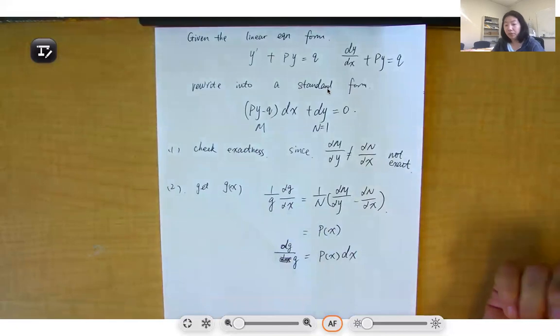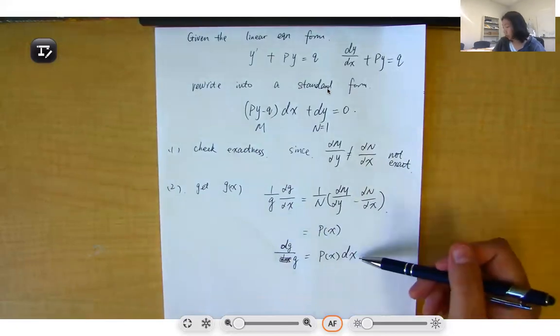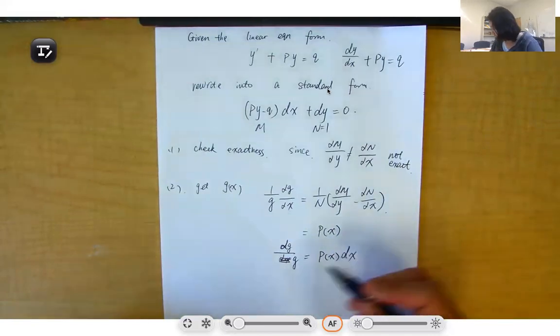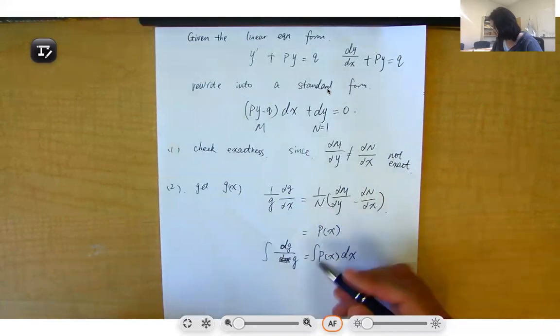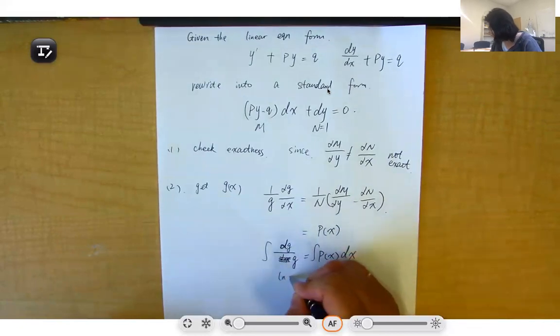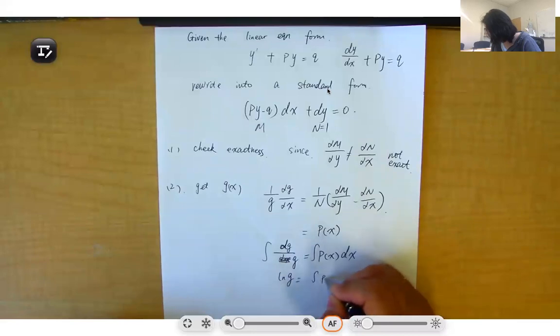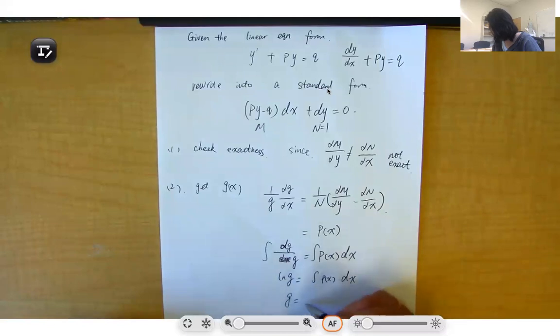over g will be equal to p(x) dx. Okay, and if this is the separable form, you can just integrate both sides to get g(x). So what we do is integrate both sides, which is ln g equals the integral of p(x) dx. And then g will be the exponential of the integral of p(x) dx.